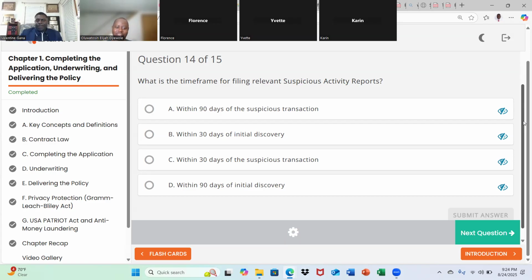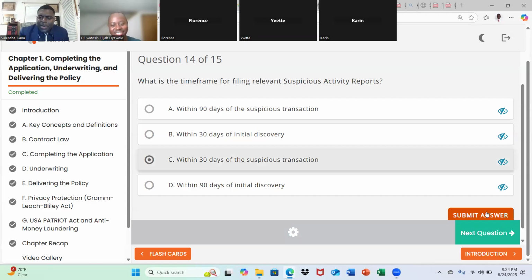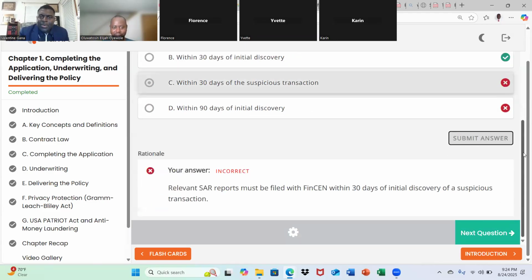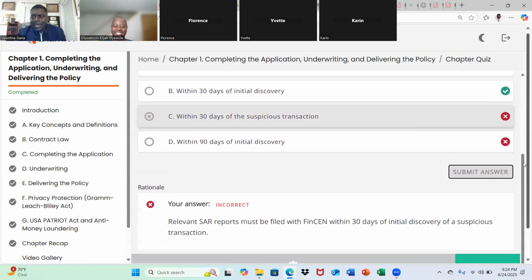I don't know whether it's between 90 or 30. I think it's 30 days. Then that would be within 30 days of suspicious transaction. Correct, C. That's what I'm leaning towards as well. Let's see if we are right. Oh, within 30 days we are wrong. Initial discovery. Yes, that's B.